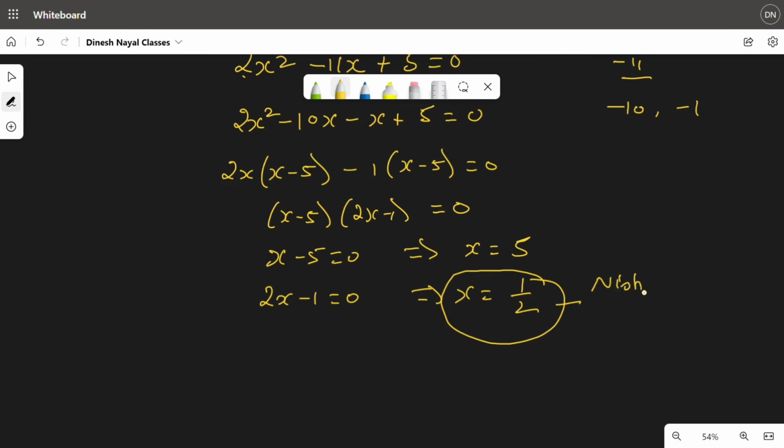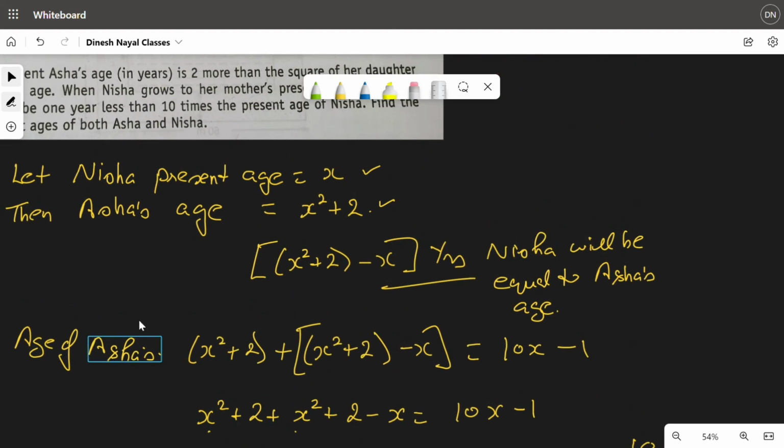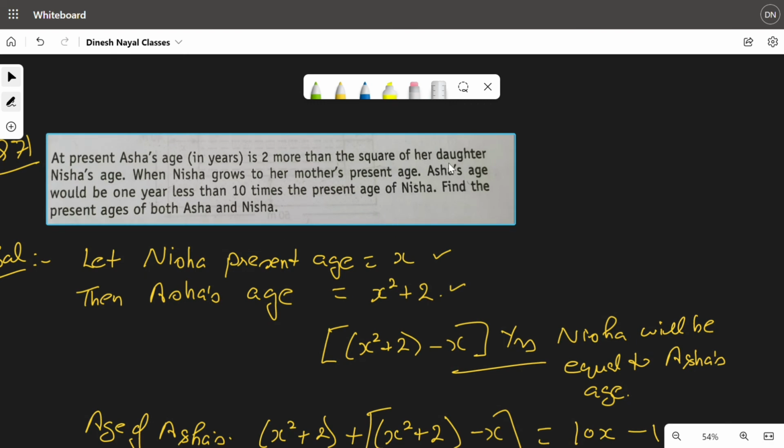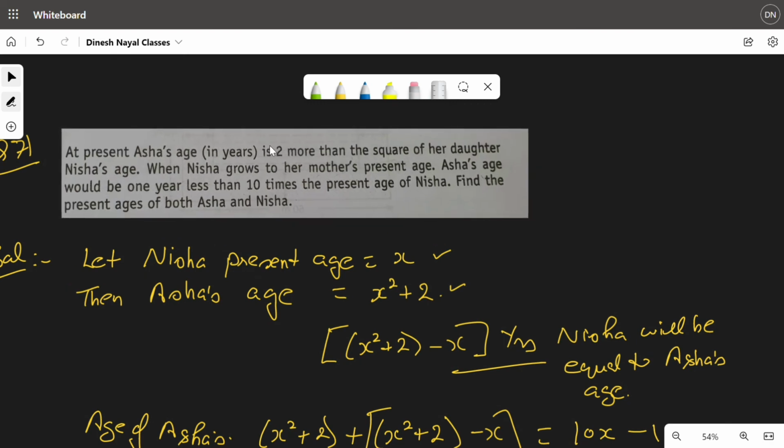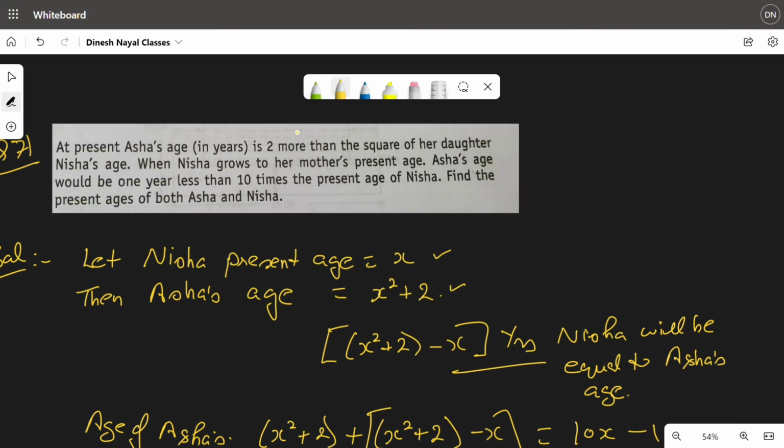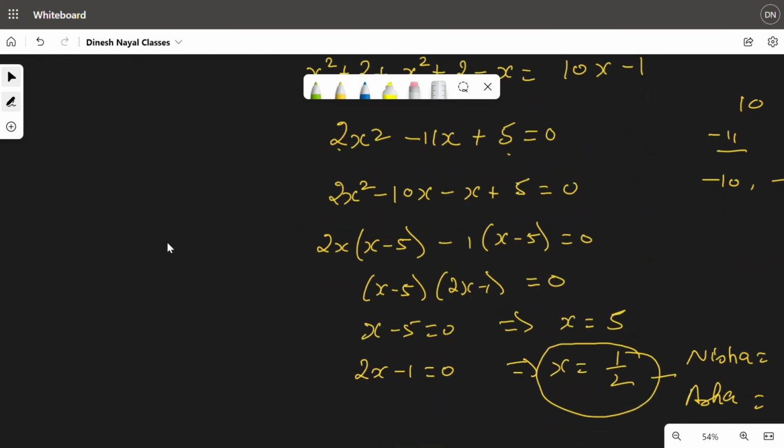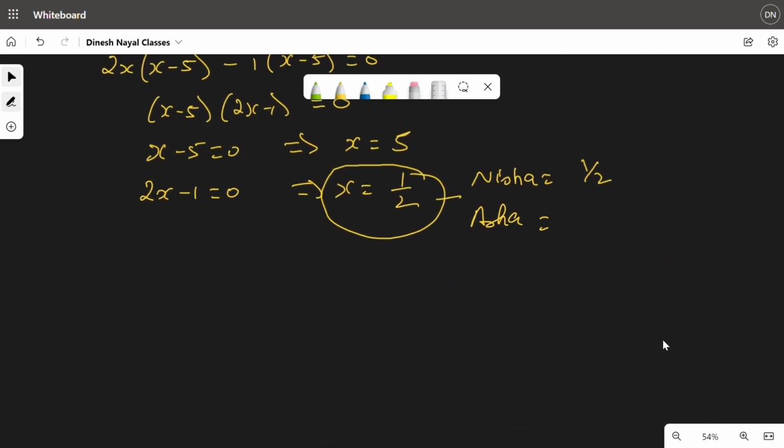Asha's age? If you take Nisha's age as half year, so as mother Asha, that will be what? That will be 2 more than square of her daughter's age. We know that 2 more than square of her daughter's age. So her daughter age is 1 by 2.